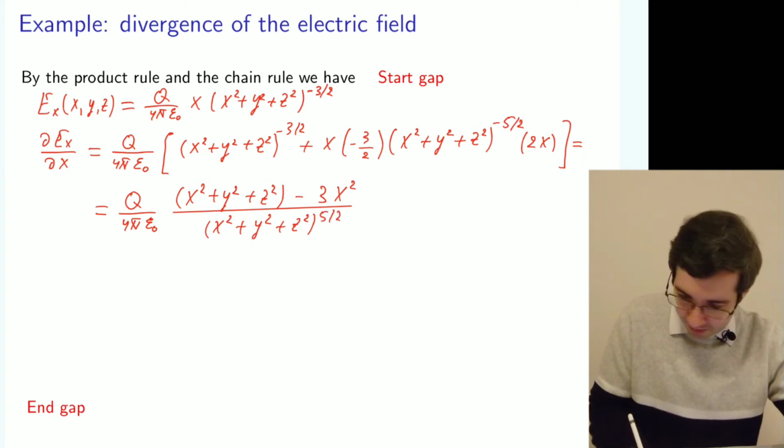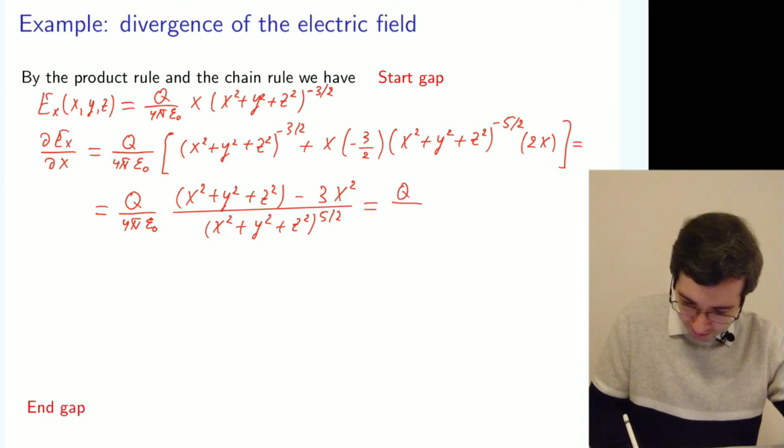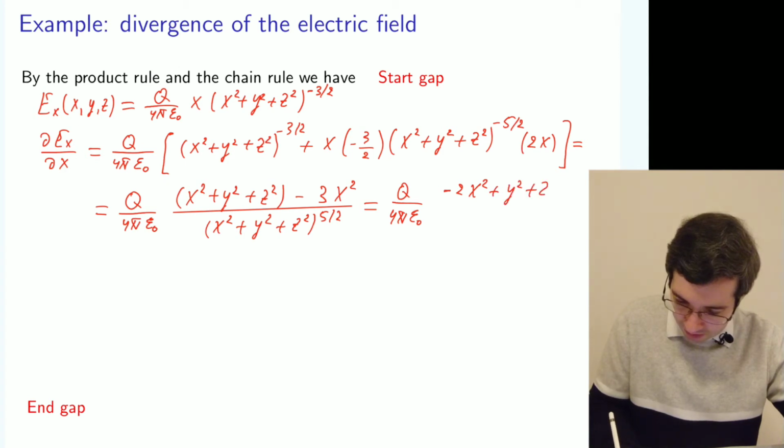And if we simplify it a bit further, we will write it as q over 4 pi epsilon naught times minus 2x squared plus y squared plus z squared over the same thing in the denominator.